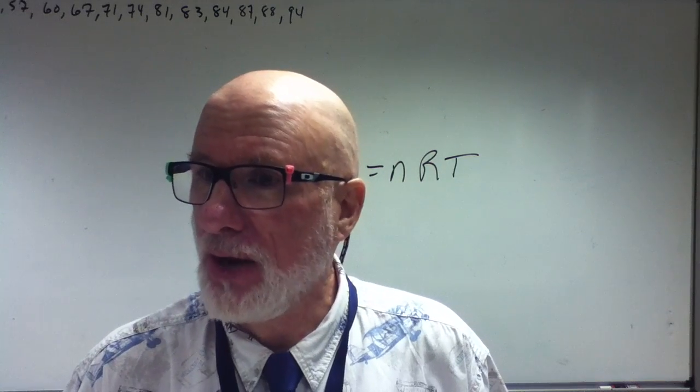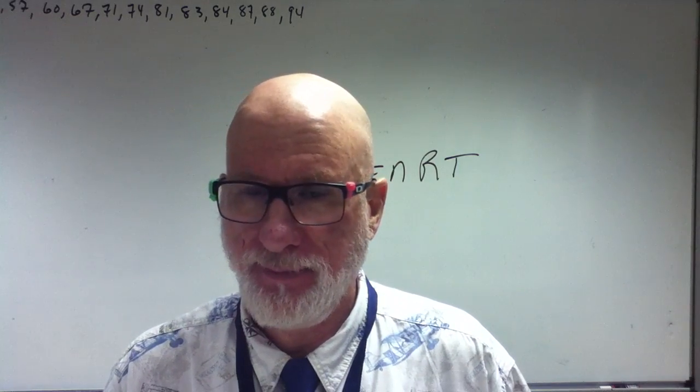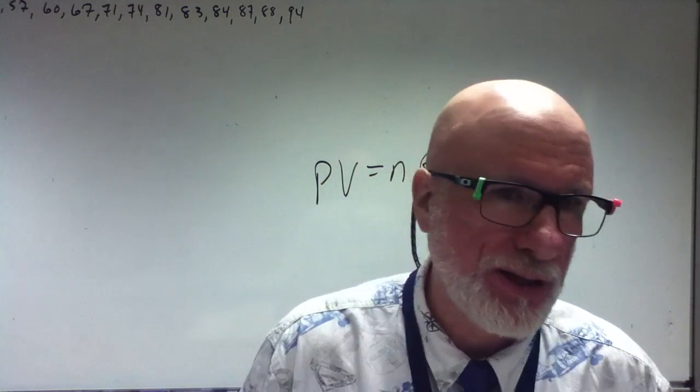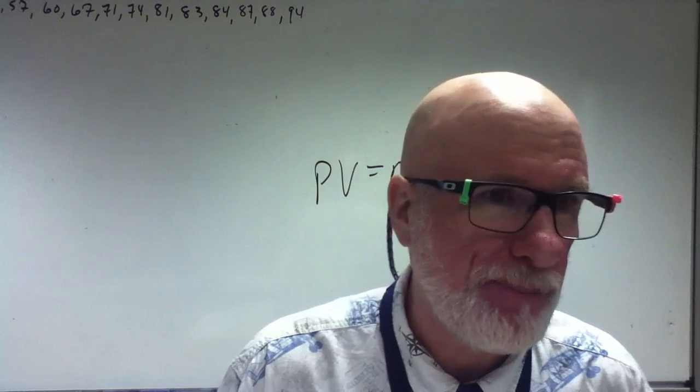Okay. So, what does the equation say? Don't think of the equation as the enemy. The equation is simply a sum of the concepts involved in the chapter. What does that equation say about the relationship between moles and pressure in a container if the volume and temperature are held constant?